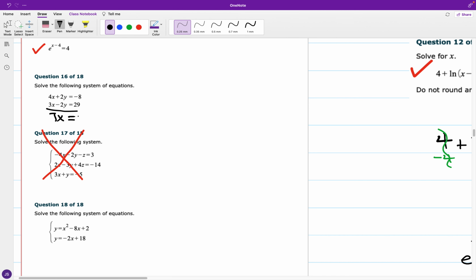Negative 8 plus 29 becomes 21. And with division by 7, x is equal to 3. I can go back and plug in 3 for x in either equation and solve for y. I'll just go over the first one once again.